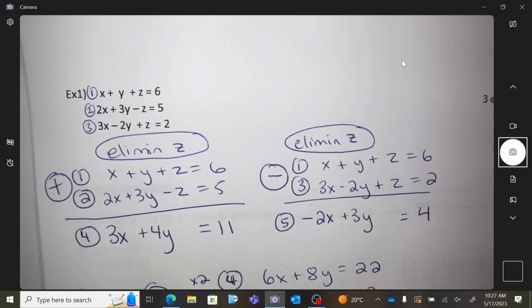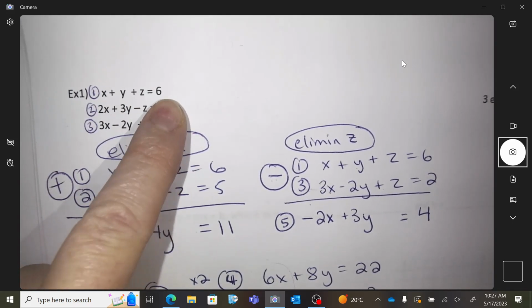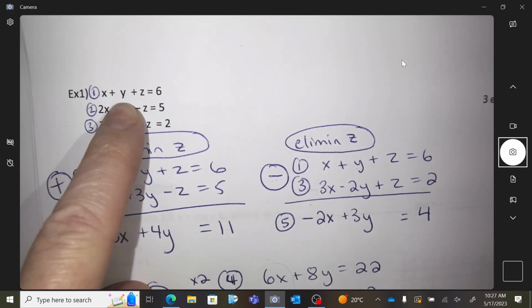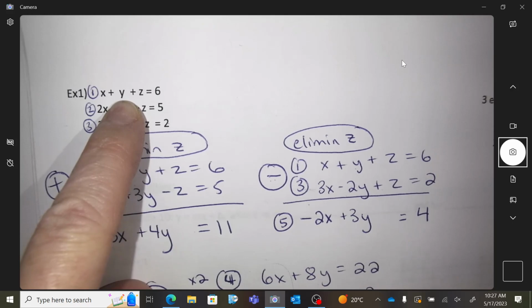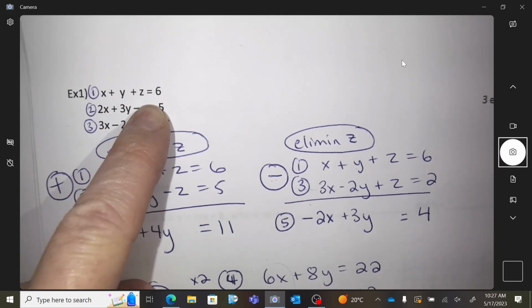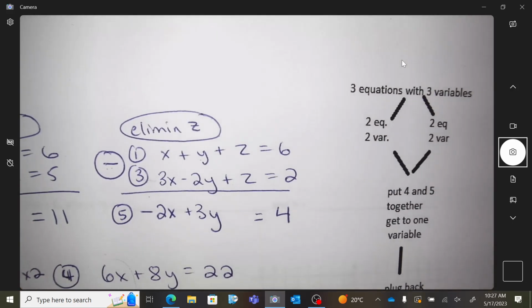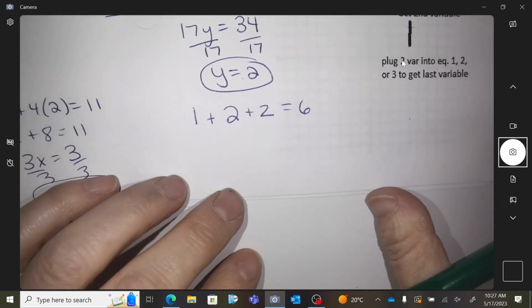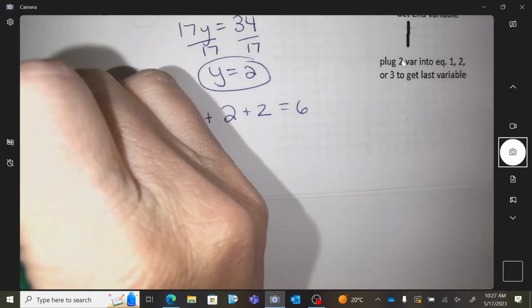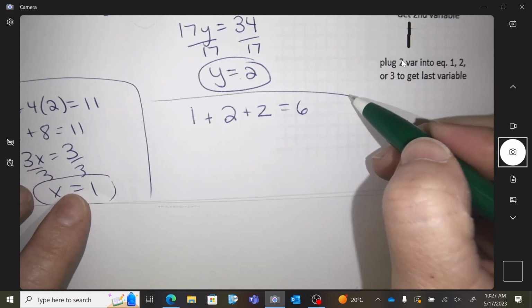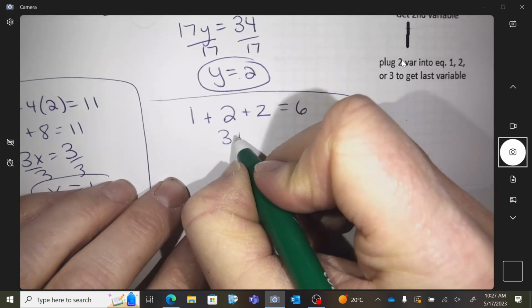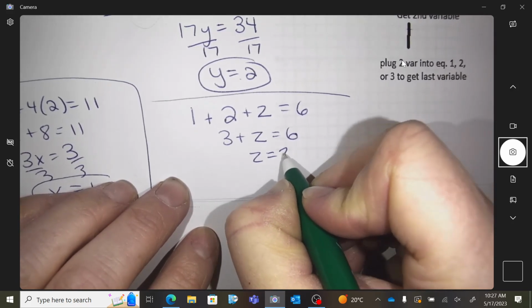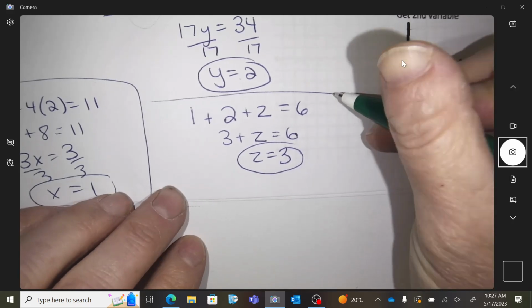Equation 1. So x plus y plus z. So x is 1 plus y is 2 plus z equals 6. So 3 plus z equals 6. So therefore z equals 3.